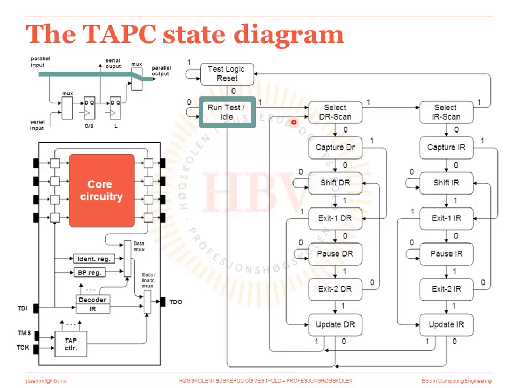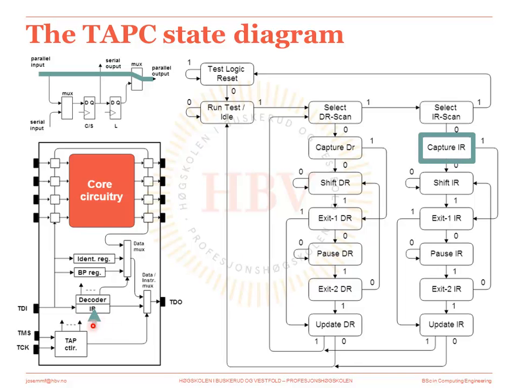But by driving now a 1 at TMS, we go to select data register scan, then another 1 takes us to select instruction register scan, and now notice that by driving a 0 to TMS, we will go into a state called capture instruction register.